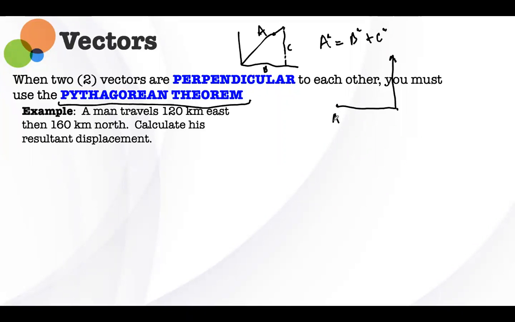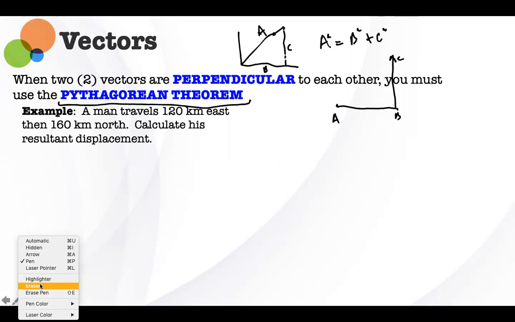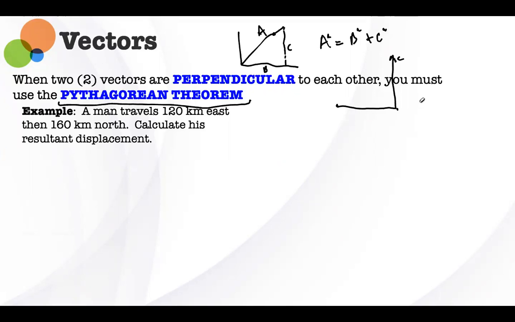Let me draw A, B, C. Which one of the lines do you think is your final resultant? Let me say A, B, and C. Which one is the final resultant?